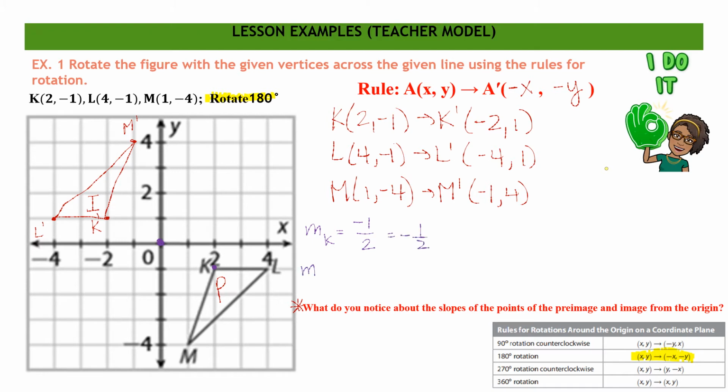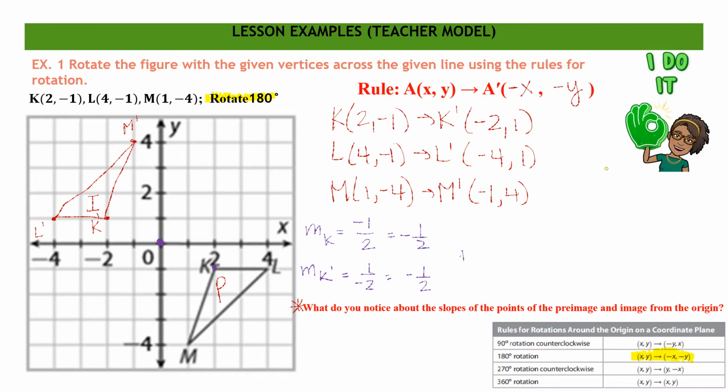And then let's look at the slope of K prime. So K prime from my origin, I'm rising 1, and then I'm running to the left 2, so that's actually -2. So my slope is -1/2.